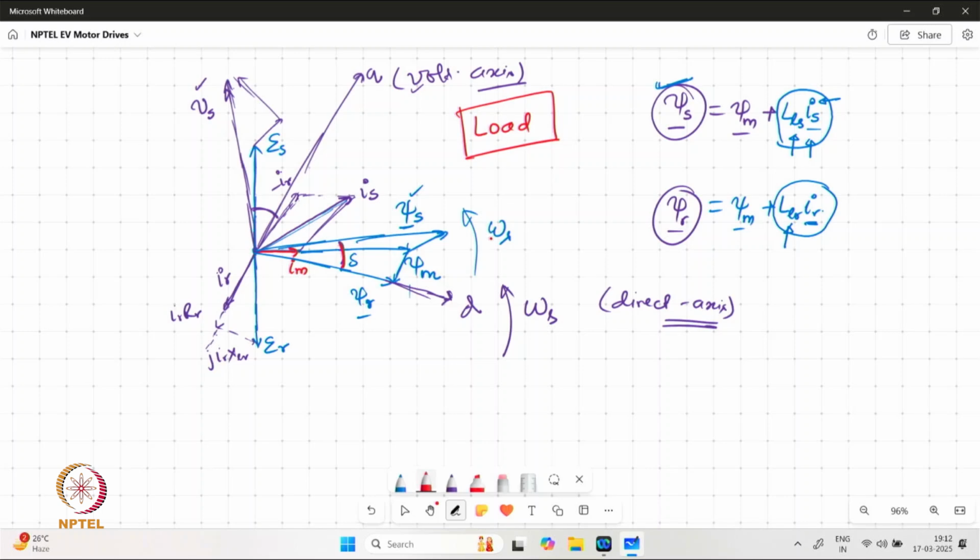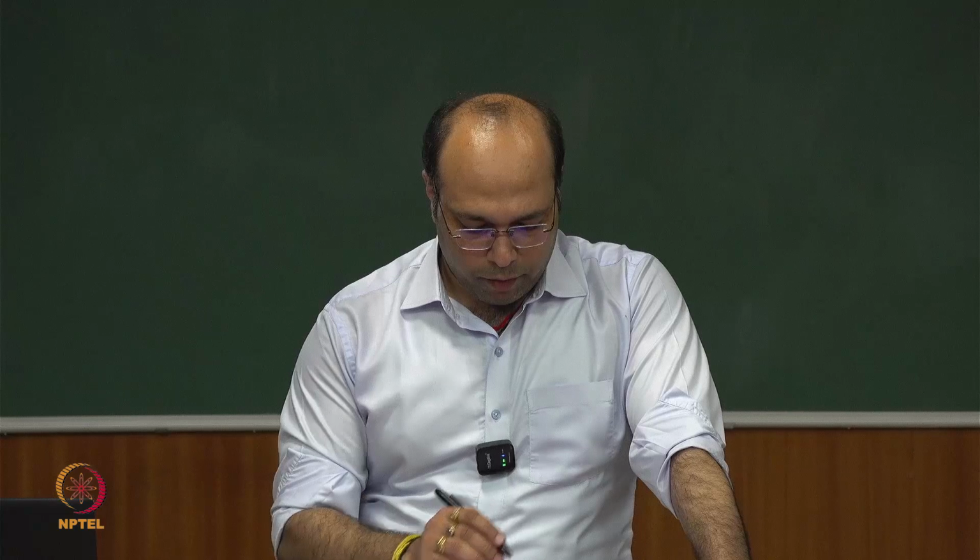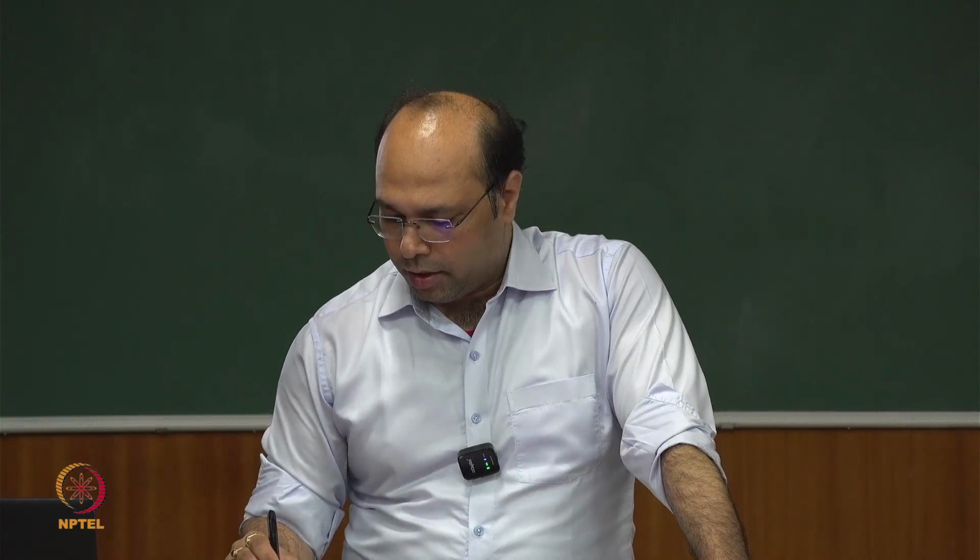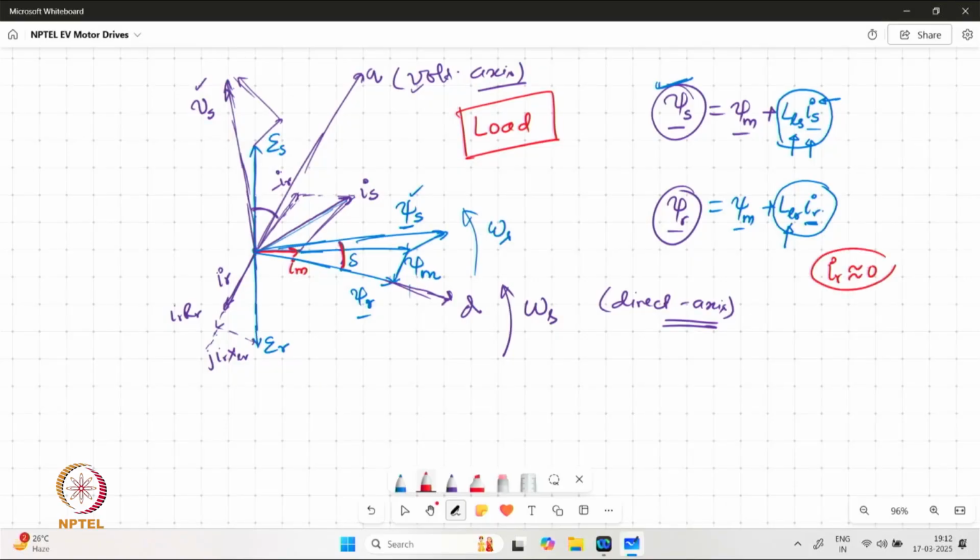So once again, if we recap our basics of the induction machine, what we find is that in case of no load condition, or ideal no load condition, the IR is nearly going to go to 0, which means that in this case psi s and psi r are nearly going to be the same. The vectors are going to be the same, which means that magnitude as well as direction is going to be the same, which implies that delta is nearly going to be 0.